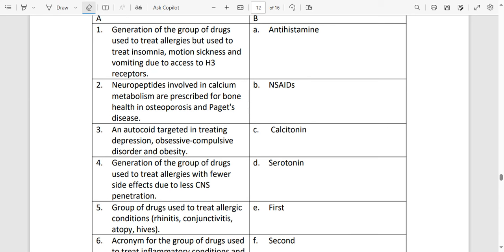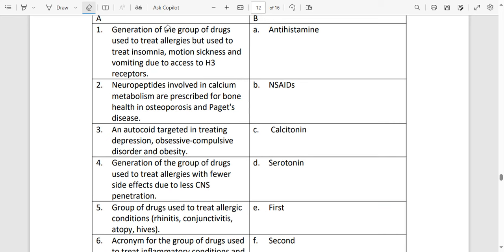Remember when you're talking about the tricyclic antidepressants or drugs used in depressive disorders or other disorders, the first generation normally is non-selective, like it works at a lot of places. Let's say if this drug is targeting the brain to help in depression, it is going to other receptors. But then the other generations, as you go on, they become more specific, and so they are going to reduce the side effects.